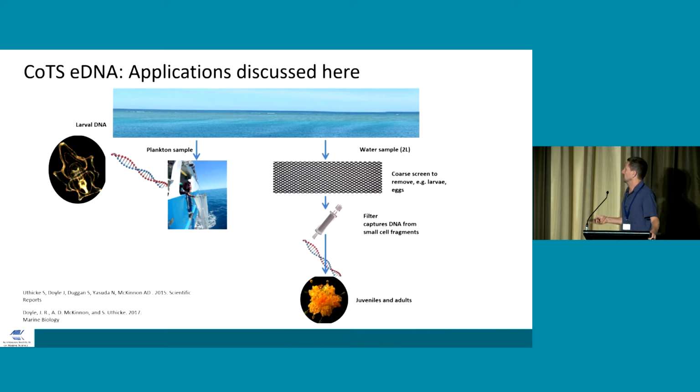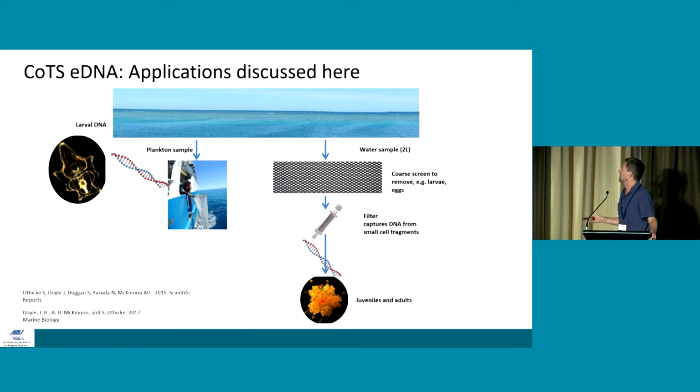And more recently, we have moved the technique also to test for adults or post-settlement adults and juveniles on the reef, which we do in very small 2-liter water samples, but we've got to collect quite a few of those, which are filtered over a filter and then extracted, and DNA is identified with PCR-based techniques.